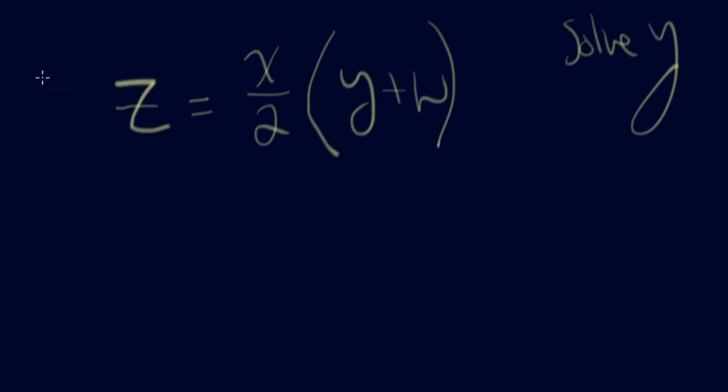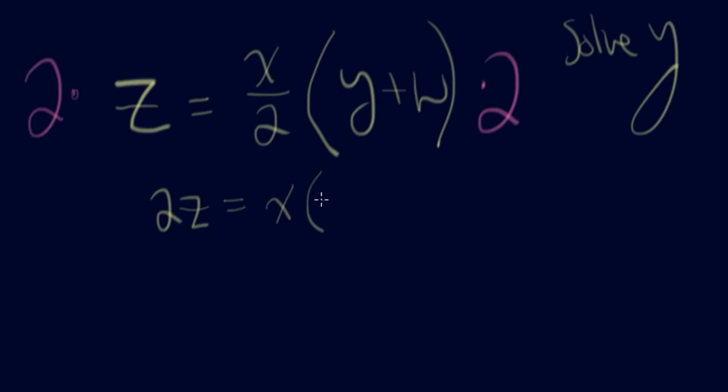So I'm going to multiply everything by 2, this side by 2 and this whole side by 2. What that is going to do is give me a 2z on the left, and that will get rid of my denominator there, leaving me with an x times in brackets y plus w. I'm going to go and distribute.